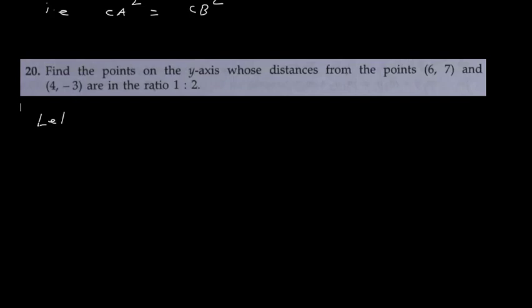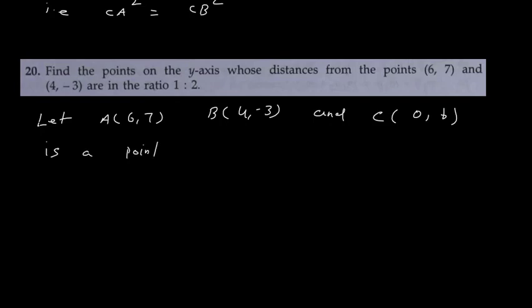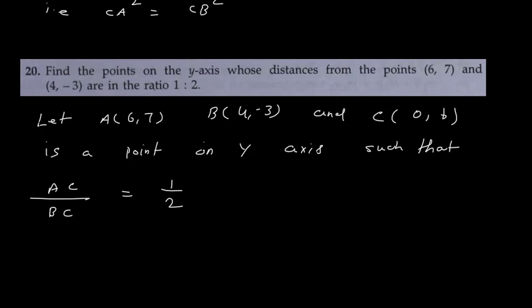So I will say let A be (6, 7), B be (4, 3), and C, which is (0, b), is a point on the y-axis such that it is given that AC upon BC is equal to 1 upon 2.